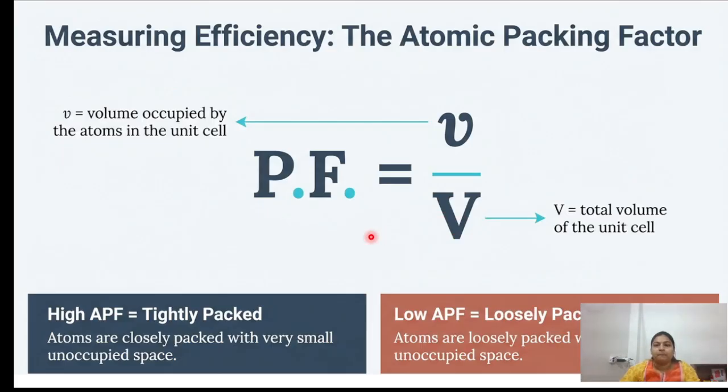From this ratio we can see that a high atomic packing factor means the atoms are tightly packed, closely packed with very small unoccupied space, and a low packing factor means they are loosely packed, with enormous unoccupied space.